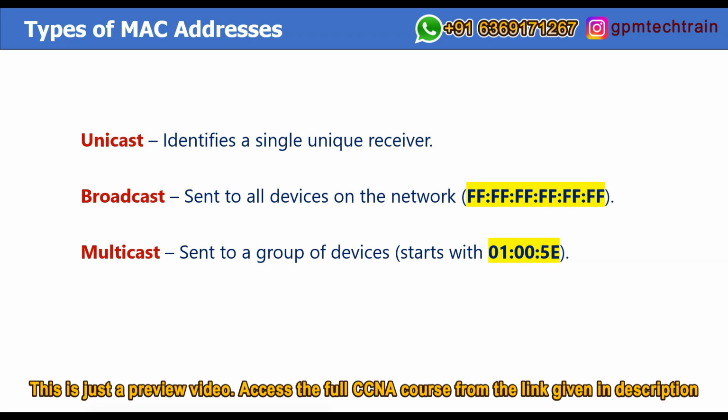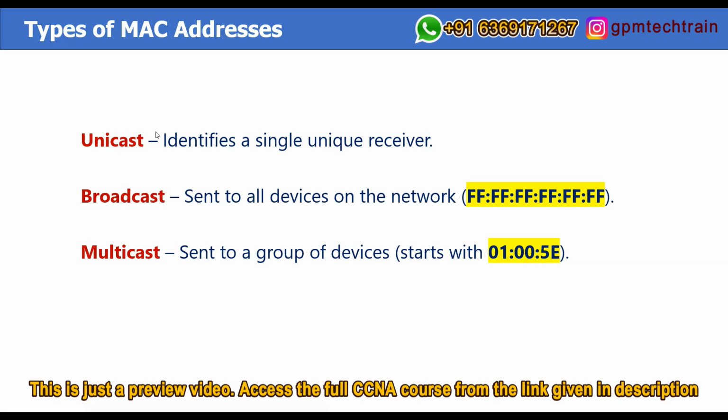When we want to send it to everyone available, we refer to that as broadcast. Multicast is when many systems are available, and out of those we send particular information to a specific group. So that we refer to as multicast.